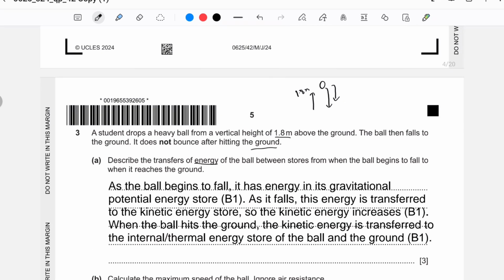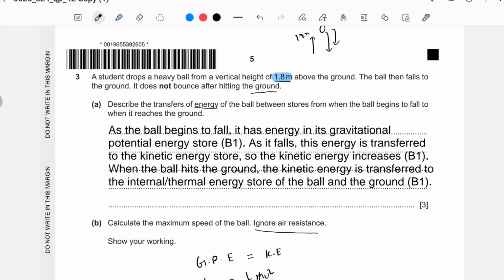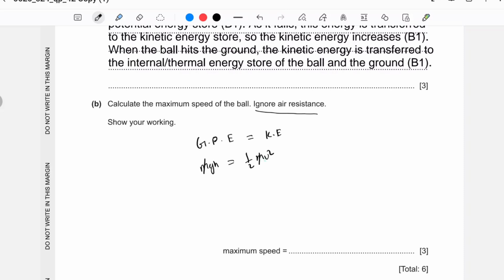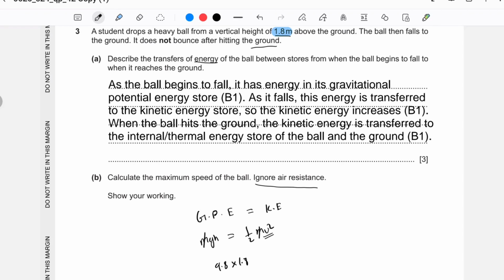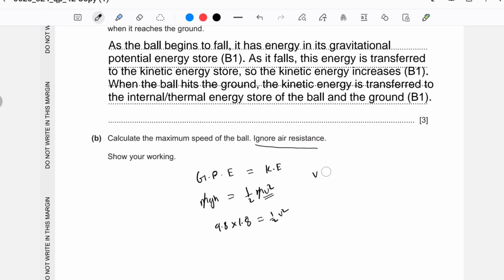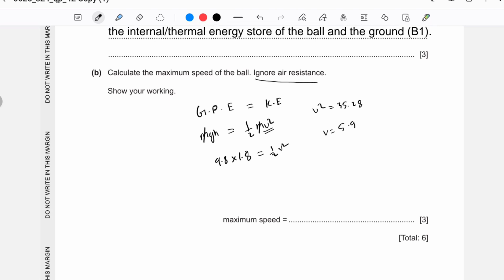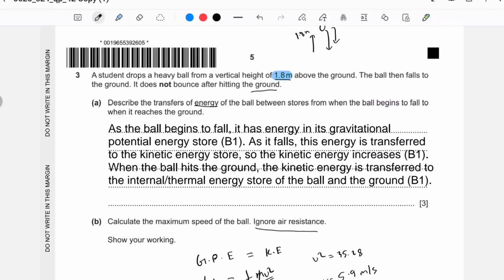We have the height, which is 1.8 meters, so we can use that and find the maximum speed. And that's it for question number 3.